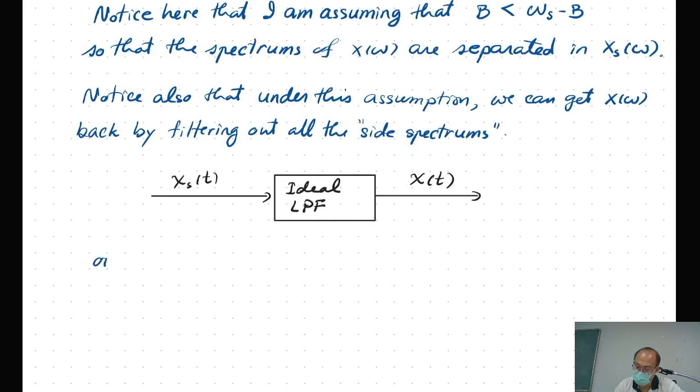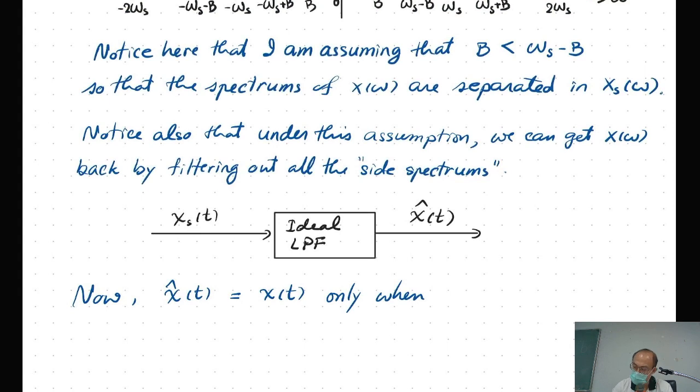Now, see this one, x hat is equal to xt only when b is less than omega s minus b, right? So this is a necessary condition.